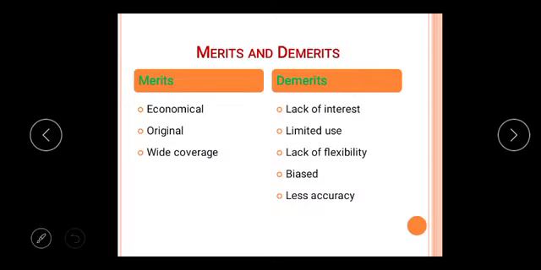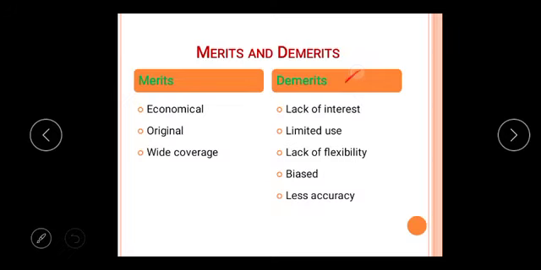Students, as the information is supplied by the concerned persons themselves, this method is original and therefore more reliable. Another important merit of this method is that the method allows wide coverage of the area of study. That is, this method of collecting data can be easily adopted where the field of investigation is very vast.